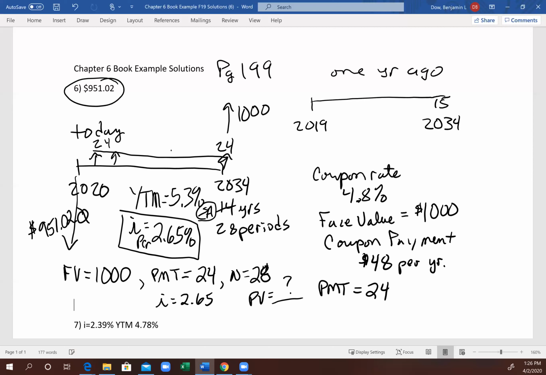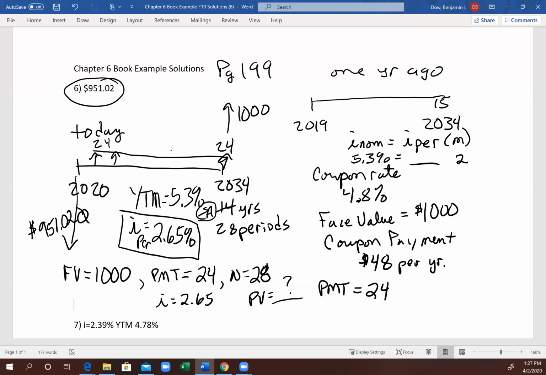Okay. So what we want to remember is to use the periodic interest rate. The periodic interest rate times some multiplier gives us a nominal rate. If the nominal rate's 5.3%, then we need to solve for the periodic interest rate at 2.65.